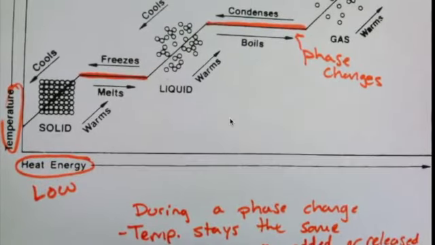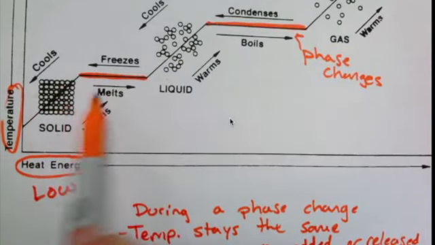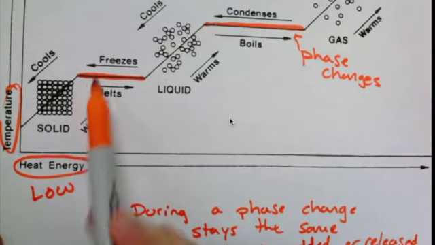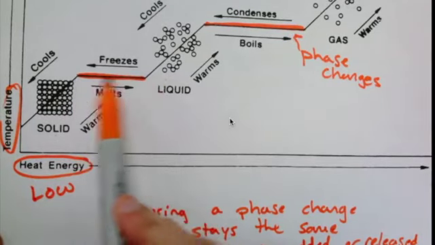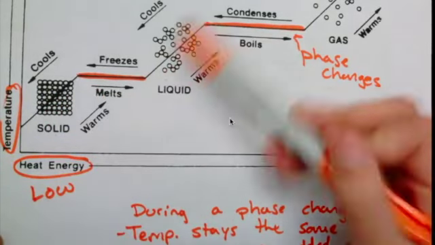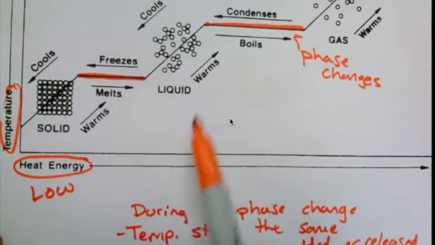I'll move that up so you can see that. All right, so temperature is staying the same, which might seem a little counterintuitive. We know we have to heat up a solid in order for it to become a liquid, but what we don't see is that during that time where you have some solid, some liquid, that temperature is going to remain constant. The temperature itself will not increase until it fully changes to the next state of matter.